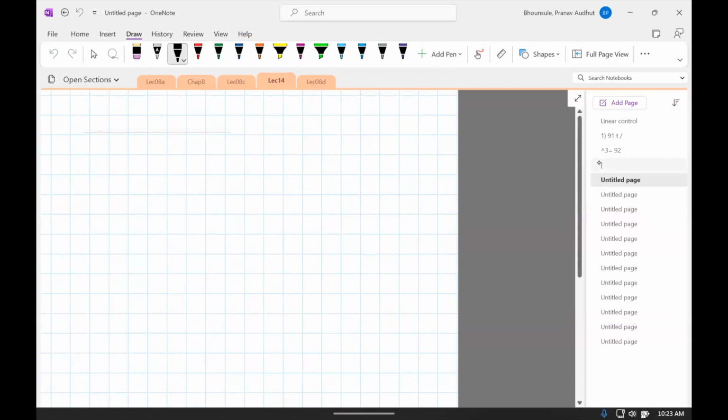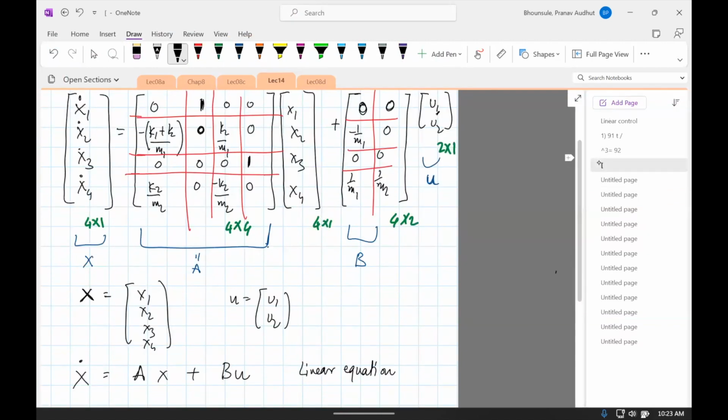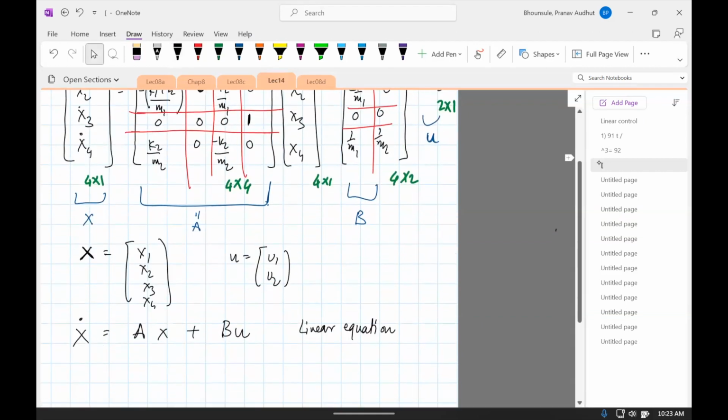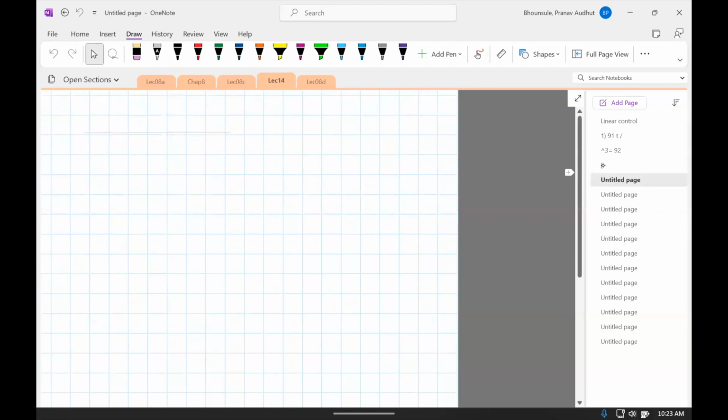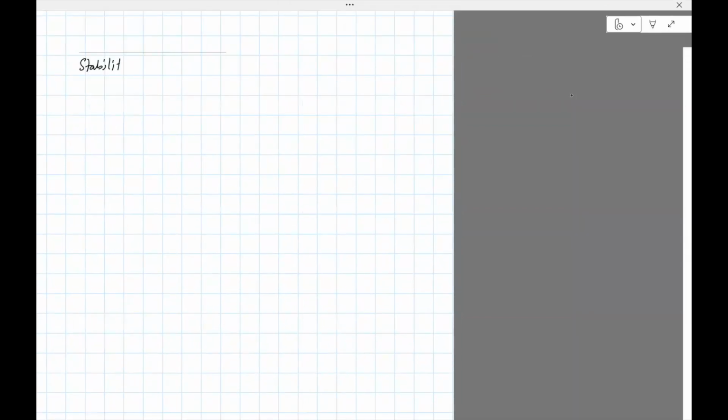Okay, so first of all, if you have a system x dot equals Ax plus Bu, I don't know if you remember this, but you can check the stability of a continuous time system.